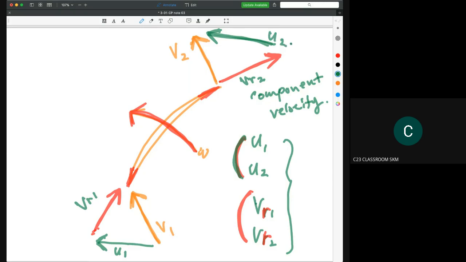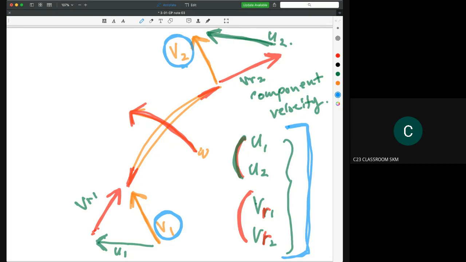Another thing you should know here is that V1 is the resultant velocity, meaning the real velocity. V1 is the real velocity, V2 here is the real velocity. So U1, U2, VR1, and VR2 are the component velocities.